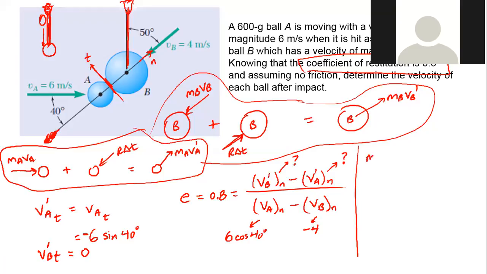So in this case, you definitely have MA VAN plus MB VBN is going to equal MB VB prime N plus VA prime N. I guess I should have written that the other way, but it's all right.